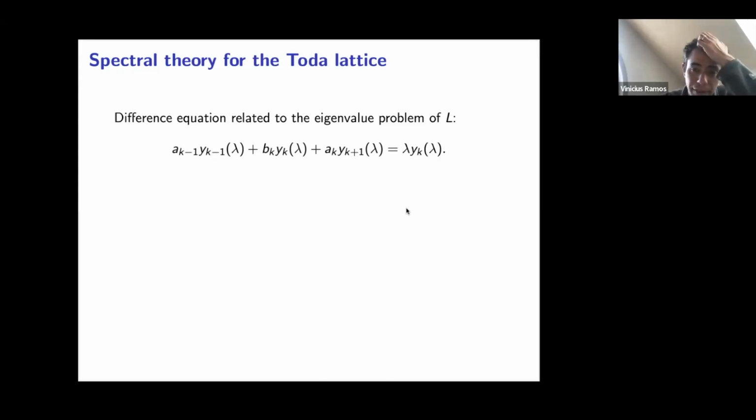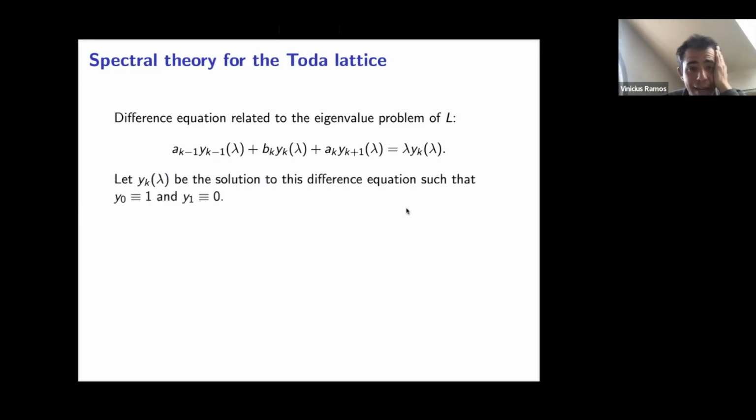So that difference equation is related to L. Now we look at a solution to this difference equation with initial conditions y0 equals 1 and y1 equals 0. That gives rise to yk of lambda, which is going to be a polynomial of degree k minus 2. This is not actually an eigenvector of L because this is usually not periodic. That's a little detail for the experts.